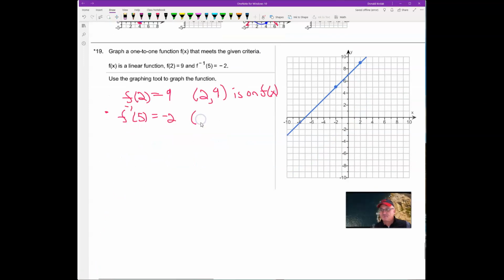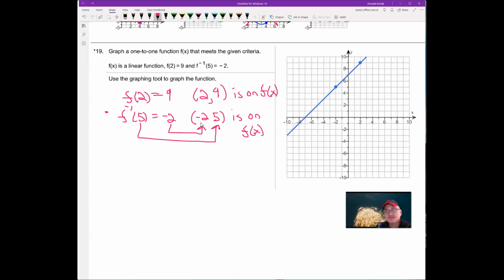Wait a minute, lost my train of thought there. All right, that is the x-coordinate, and that now is the y-coordinate. So when you're graphing this on Math Excel, you're just graphing negative 2, 5, and 2, 9, and since this is a line, you're just connecting the dots then.